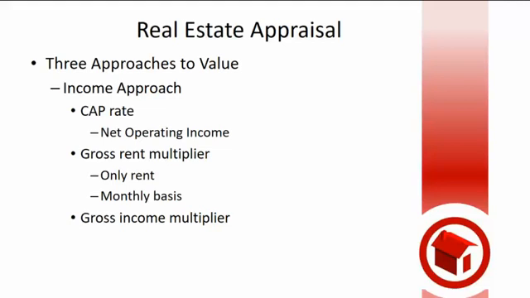So you can algebraically change around that equation 3 different ways. I could also ask you, what's the net income? Well, the value is $250,000. The cap is 0.08. 0.08 times 250 is 20 grand. That's the net operating income. So be prepared for that, just because I showed you that one doesn't mean I might not ask you another one. Okay?